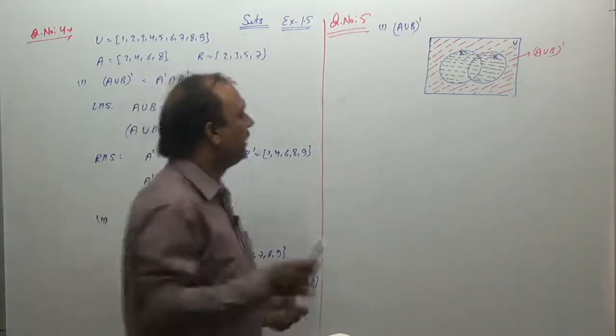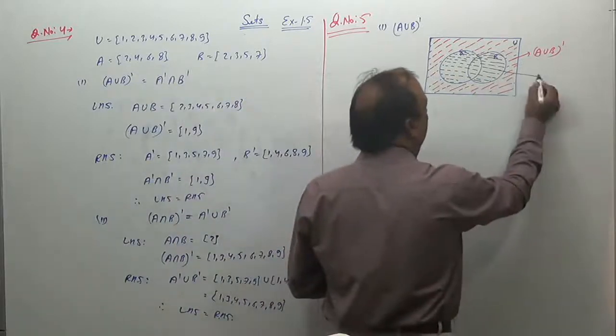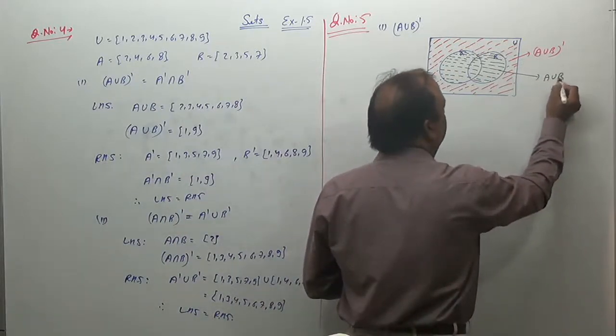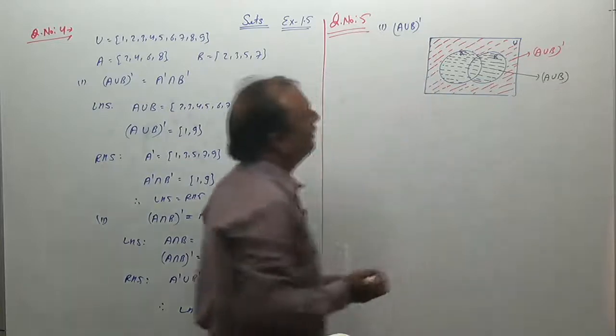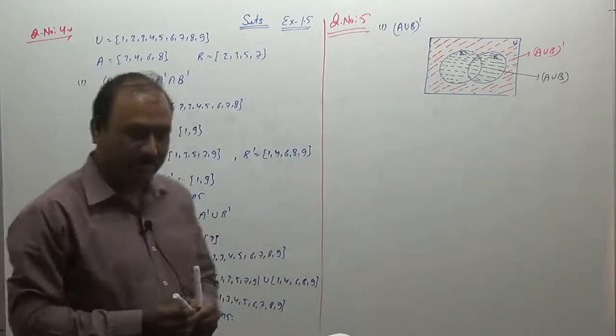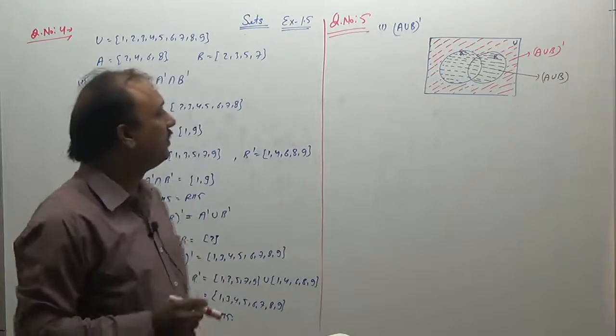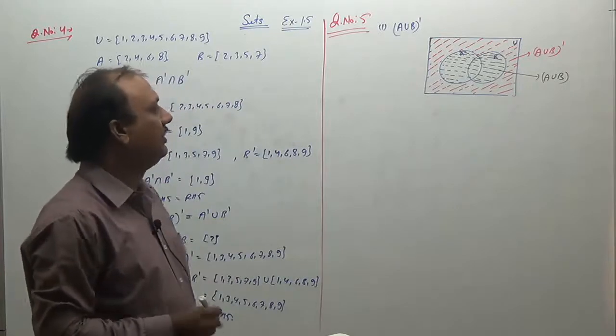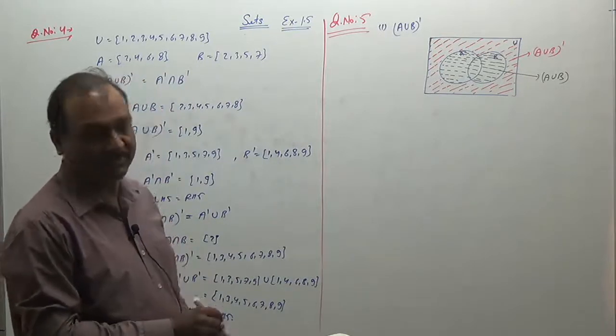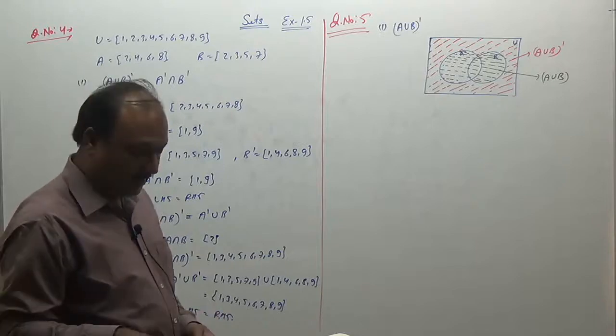Where the red, black portion is called A union B. A union B को छोड़कर यूनिवर्सल सेट के अंदर जितना भी पोर्शन बचता है, this portion is called A union B whole complement.